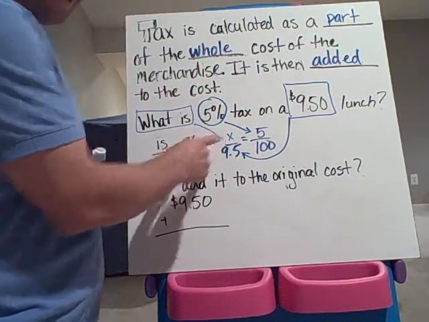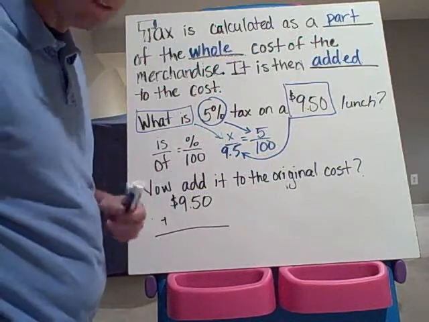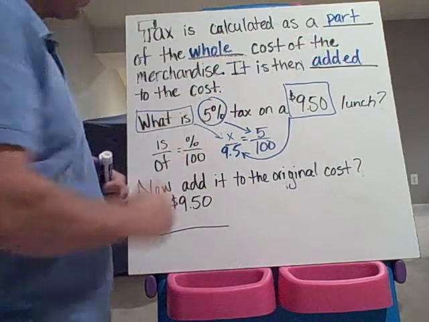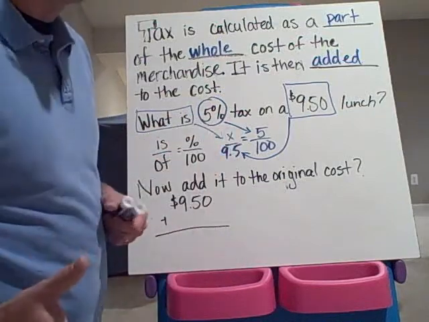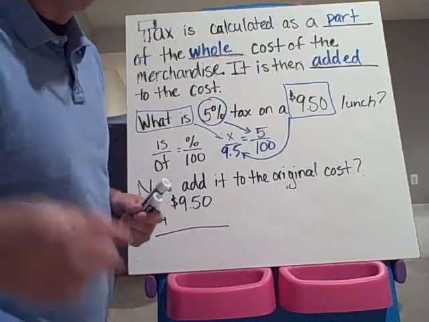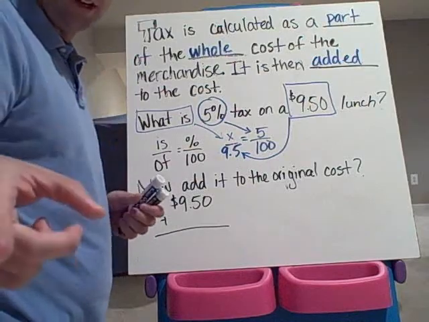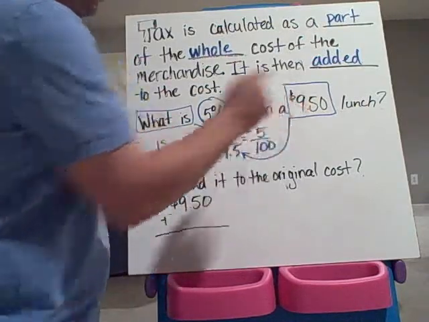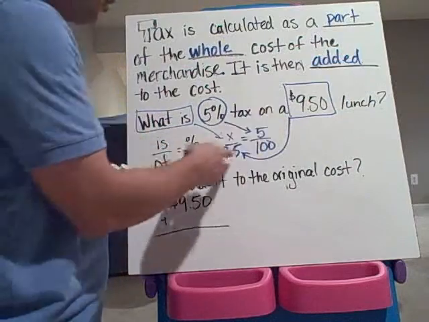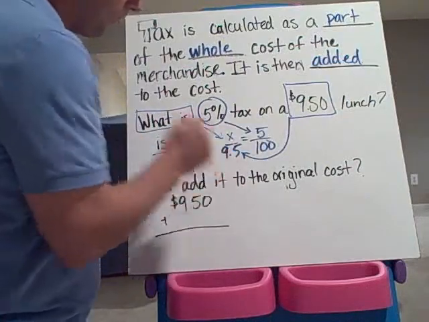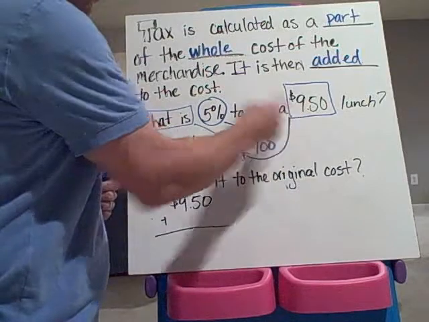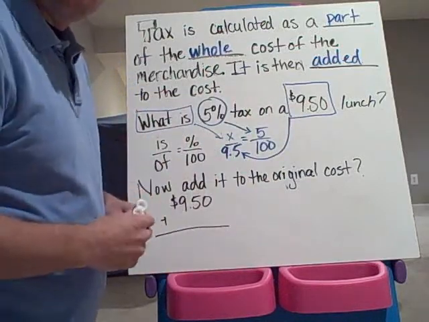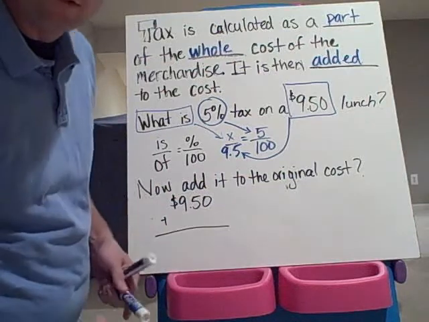What is becomes x, because we don't know what it is. 5%, so we put 5 over 100, that's how Ms. Farrell would say it. And then, of course, we put the 9.5, and you could put 9.50, but we put that in as the of, in our is over of equals percent over 100. And then what do we do?